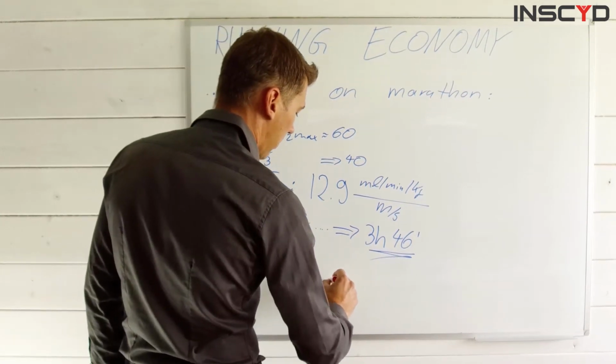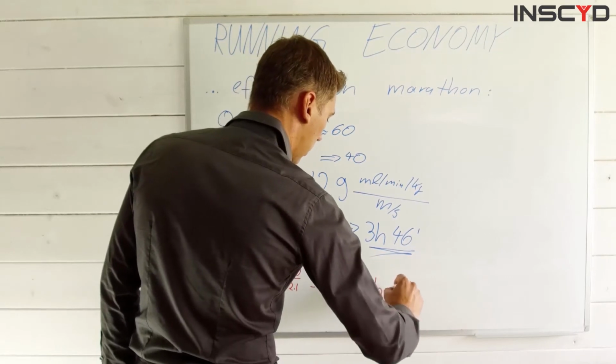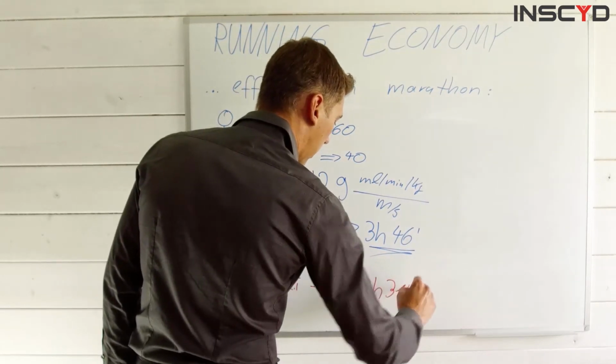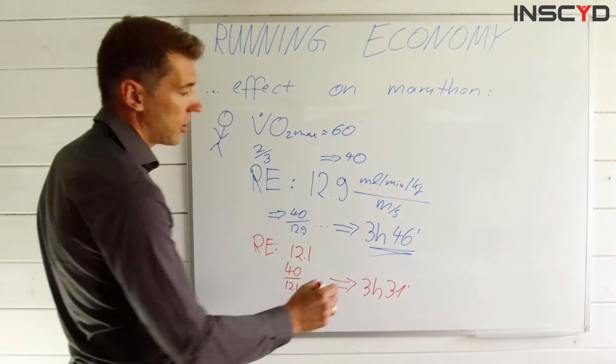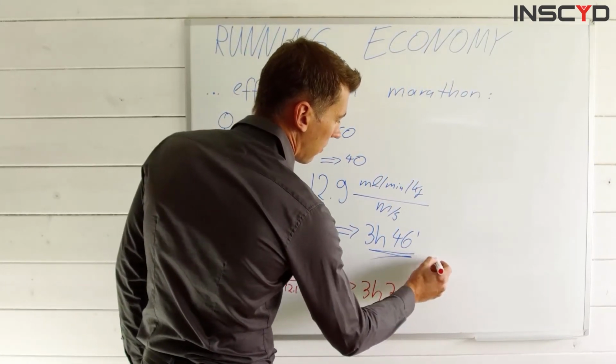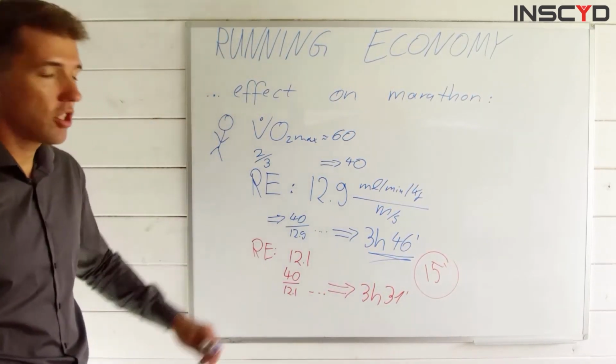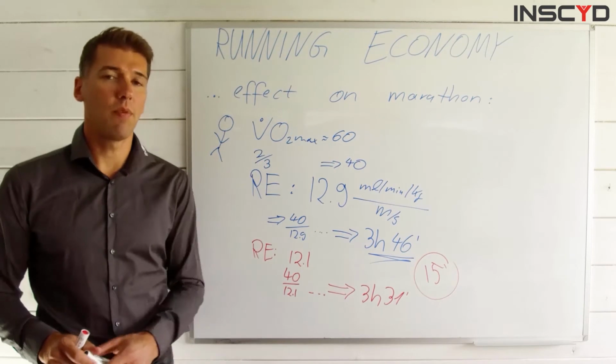Basically you end up at a marathon time of 3 hours and 31 minutes. So we have just shaved off 15 minutes of your marathon time by changing running economy only a couple of percent.